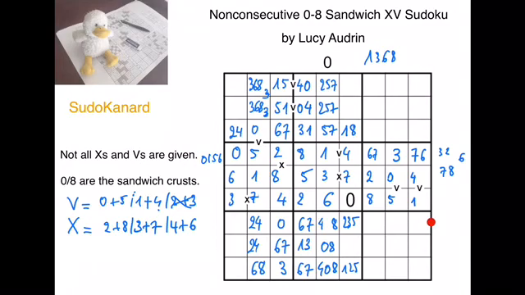What about this row? Not seeing what I could make of it. Did I miss anything? Oh, yes, I've been missing something here. That's very nice.